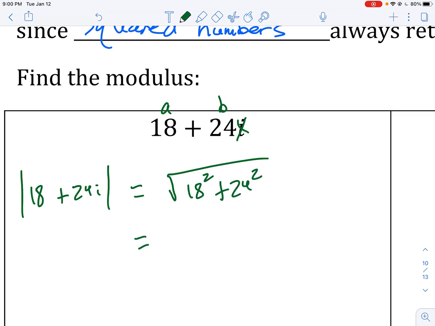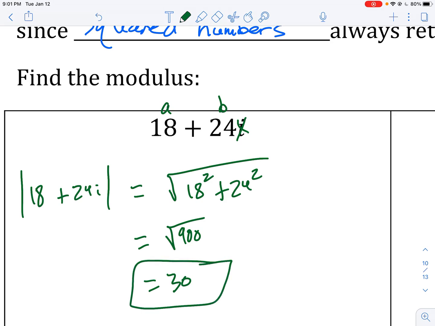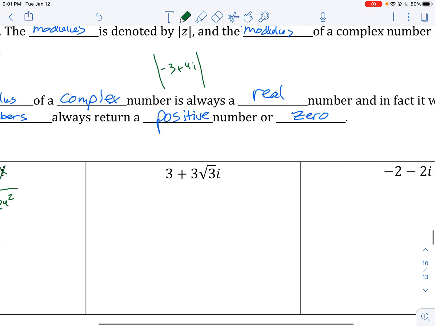And luckily I have my handy dandy calculator here. 18 squared plus 24 squared comes out to be 900. And I'm guessing the square root of 900 is a nice number. Oh yeah, it's 30. So there's my modulus. Hooray! 30. Problem over.